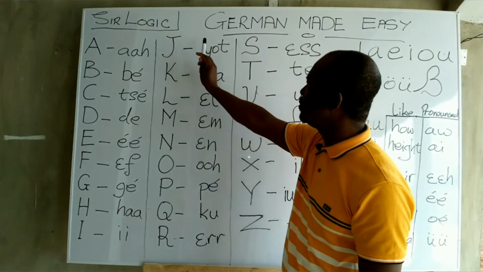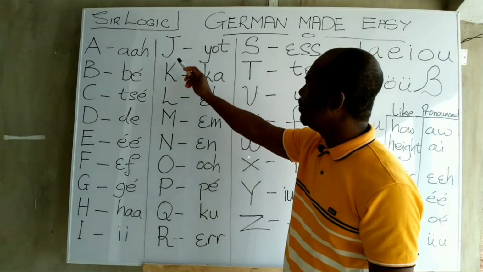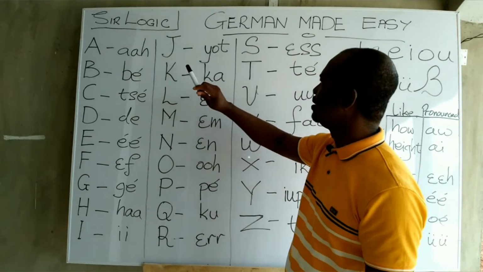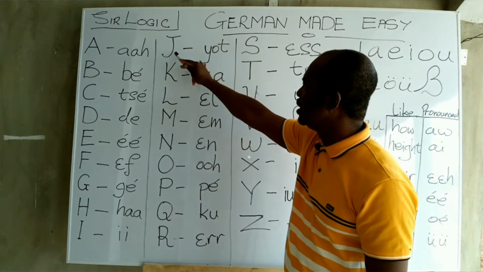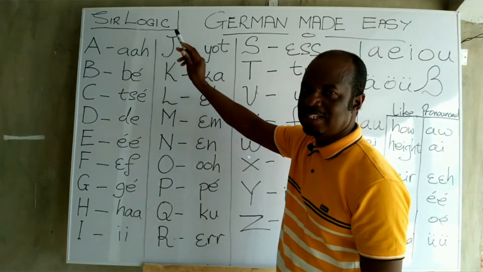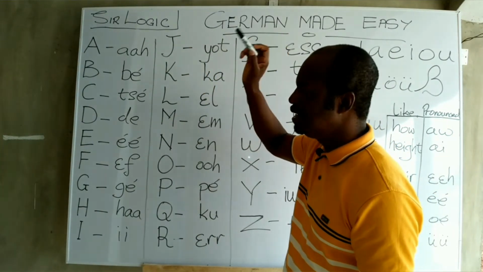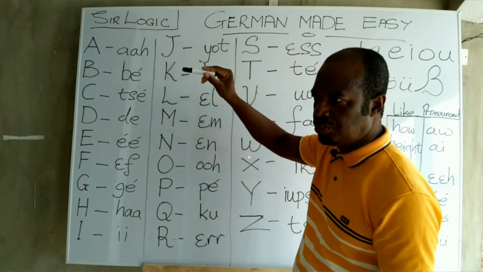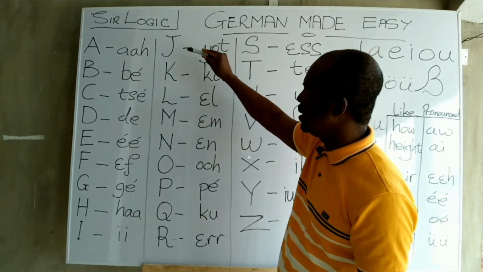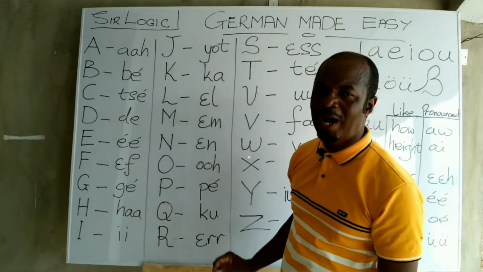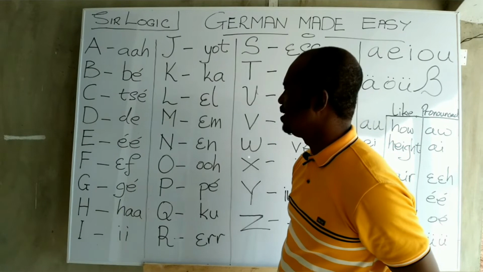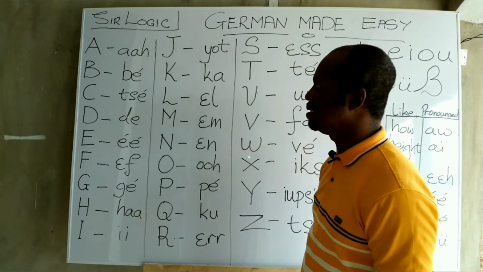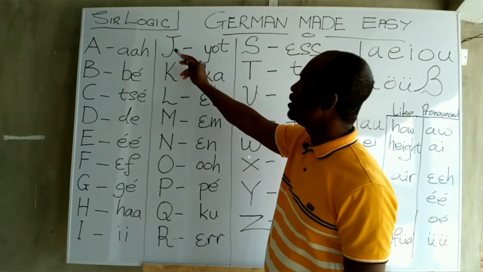But J is pronounced Y. You don't pronounce it J, you pronounce it Y, like in yacht. So when you see Johannes, the word John spelled in German, you don't say it with a J sound, you say Yohannes.